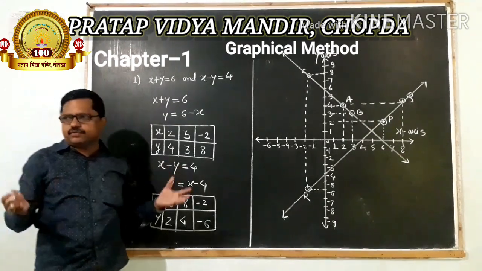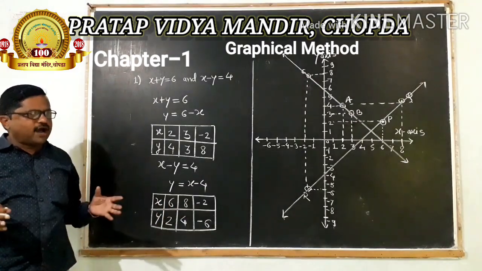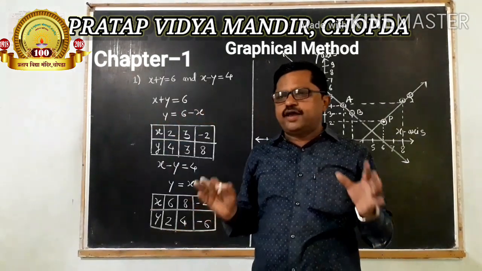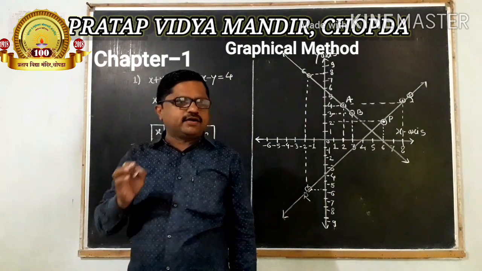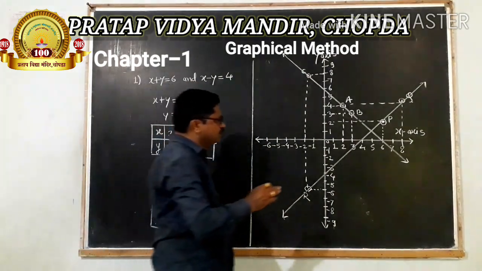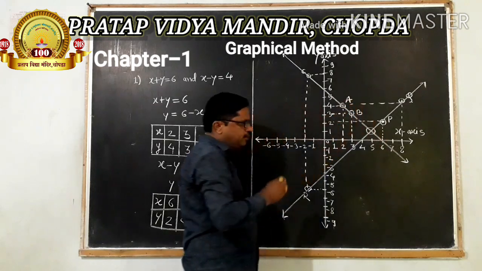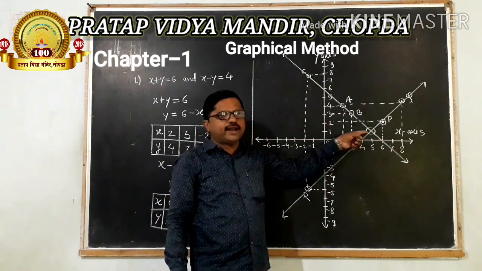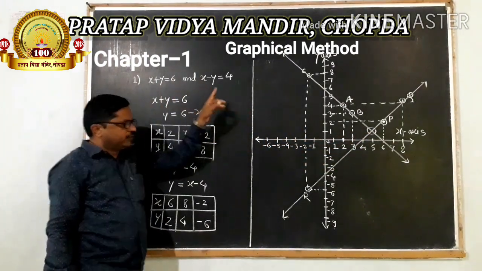Then the next step of the graphical method is, now what are the values of the variables x and y? To find out the values of variables x and y, take the point of intersection of these 2 lines. This is called the point of intersection of the 2 lines of the given linear equations.